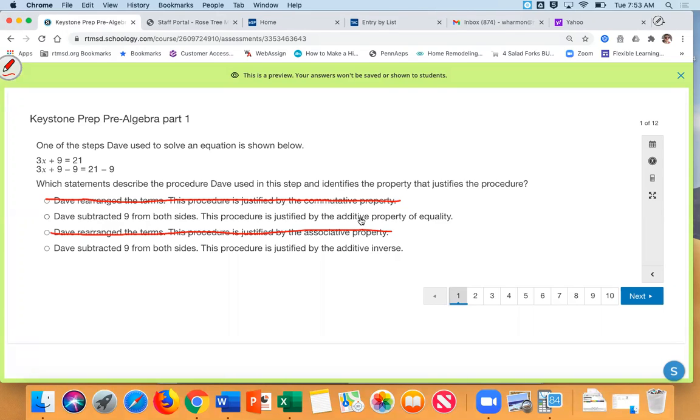Am I adding anything here? No. But what does inverse mean? Additive inverse. Well, that means how do I get back to 0? So the additive inverse of 9 is negative 9. Do you see that? So that's actually going to be this one. So everybody look and find the answer that's talking about the additive inverse.